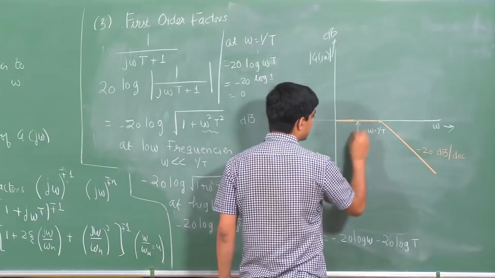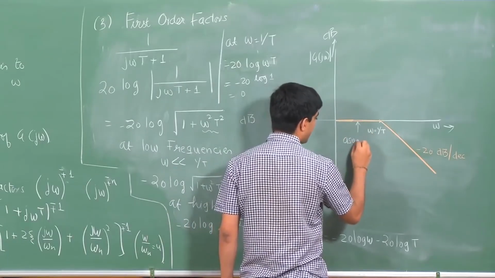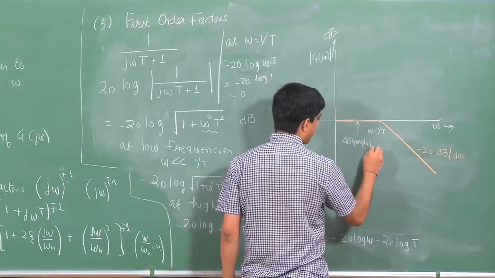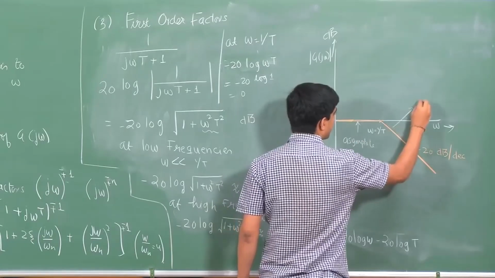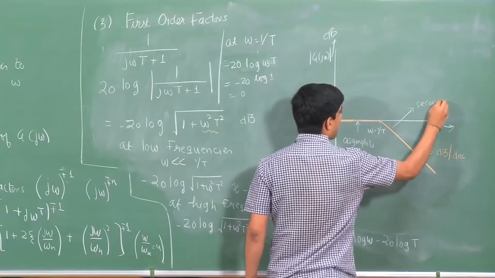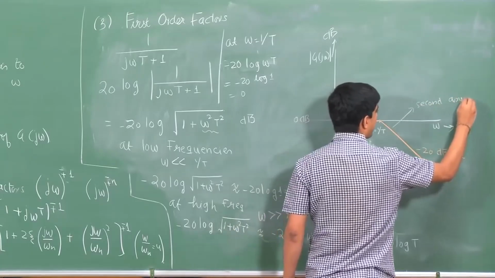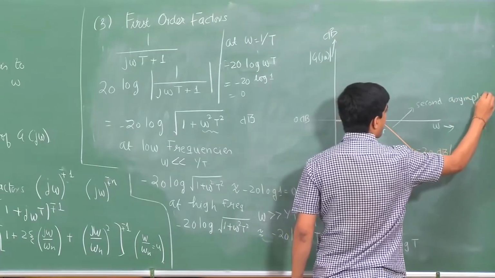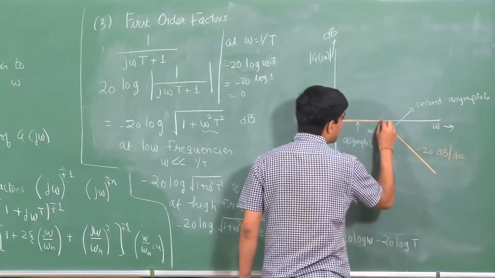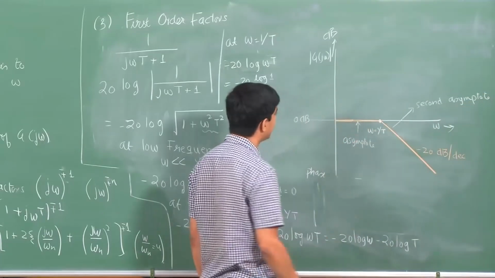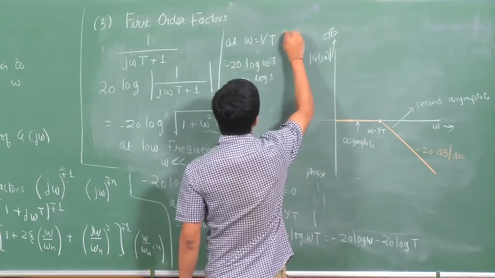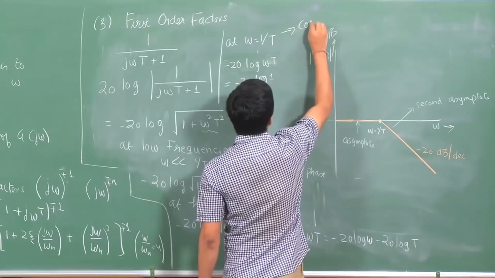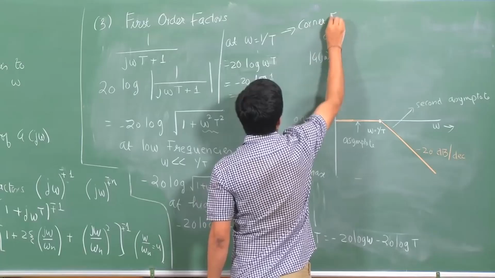So, this is one asymptote, this is the second asymptote. And these two meet at this point. What is this point? Omega equal to 1 over T, and this omega equal to 1 over T is the corner frequency.